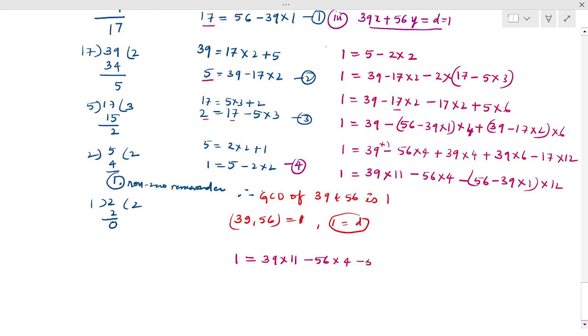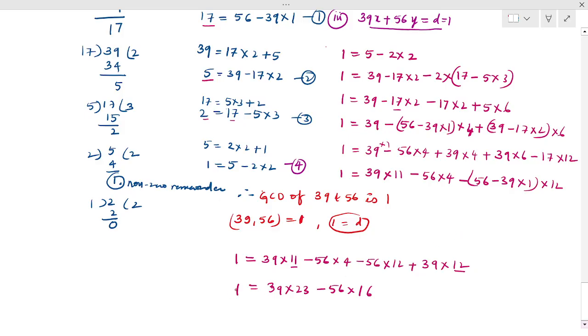You can multiply, minus 56 into 12, minus minus plus, this is 39 into 12. So 39 into 11 plus 12 is 39 into 23, and 56 into 4 and 12, minus 56 into 16. Okay, fine.